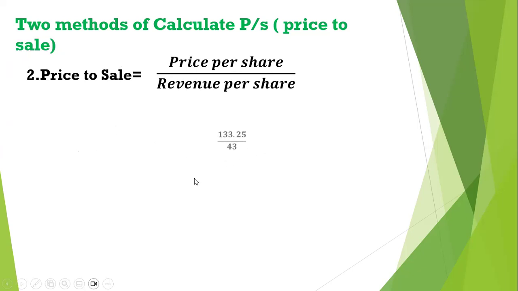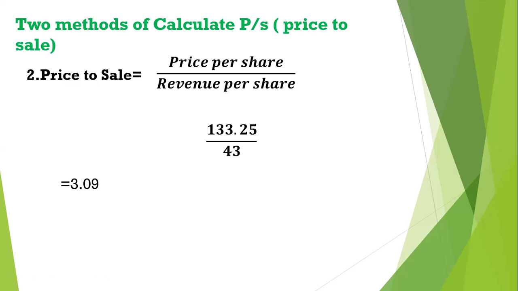So you get 3.09, which is exactly the same amount that we got from the previous method. So same thing, you're paying $3.09 for $1 of sale the company makes.